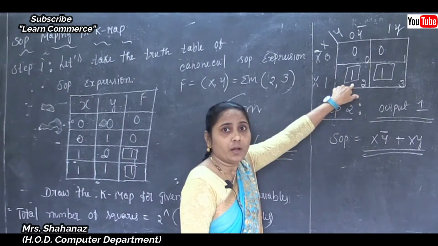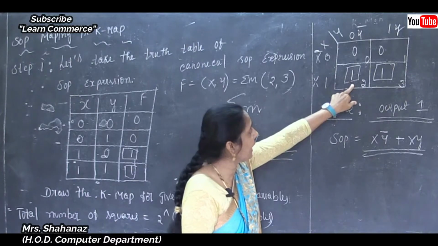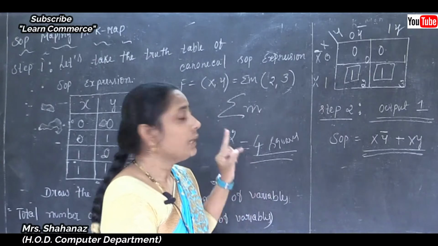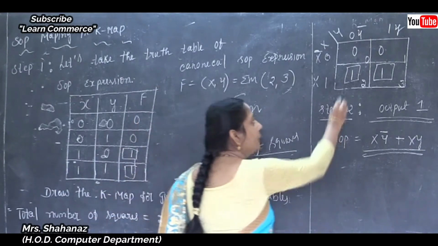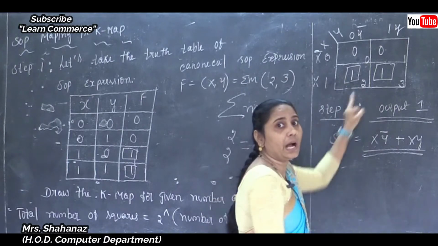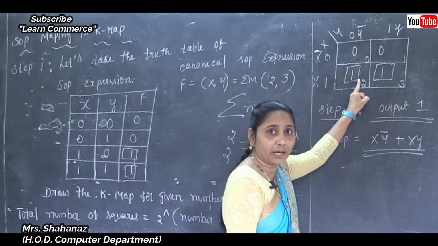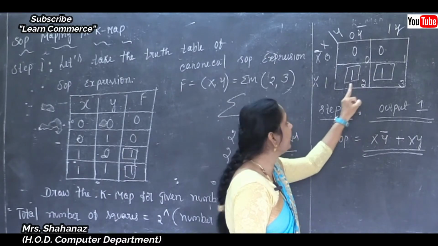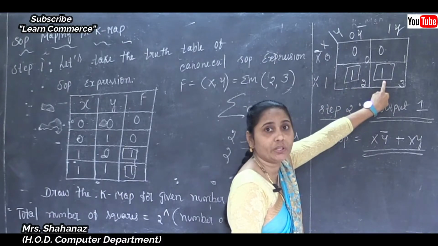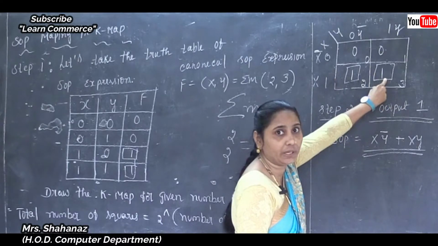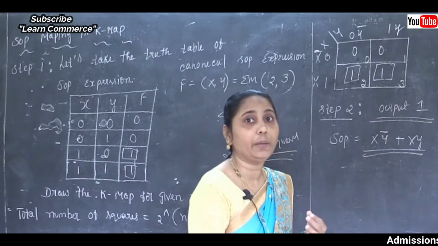If output is 1, then it is considered a min term. Thus mark 1 in squares for M2 and M3, because M2 and M3 are considered min terms.